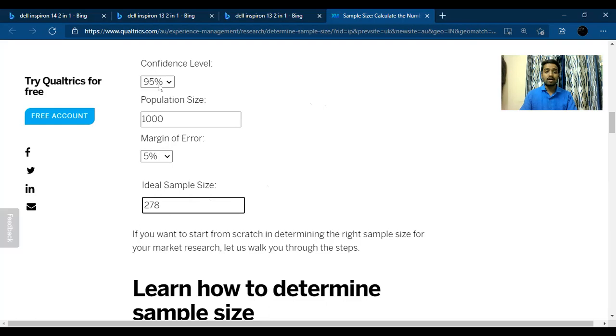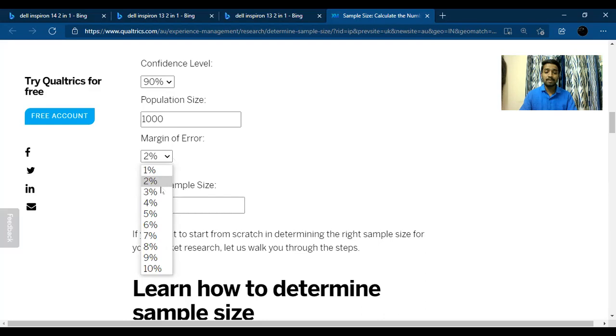Next we have a 90% confidence level, and we'll try with 1% margin of error. A 1% margin of error is going to give an ideal sample size of 872. If you make it 2%, it is going to give an ideal sample size of 629.